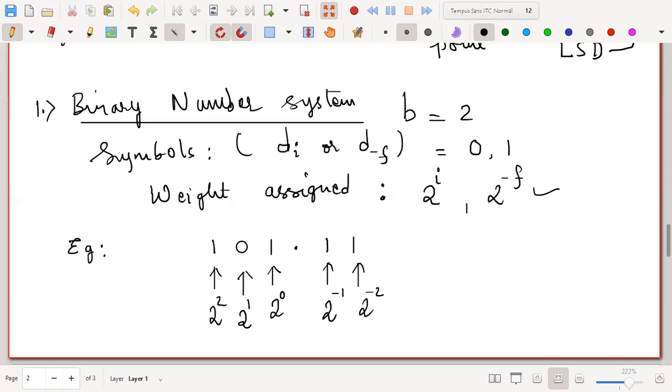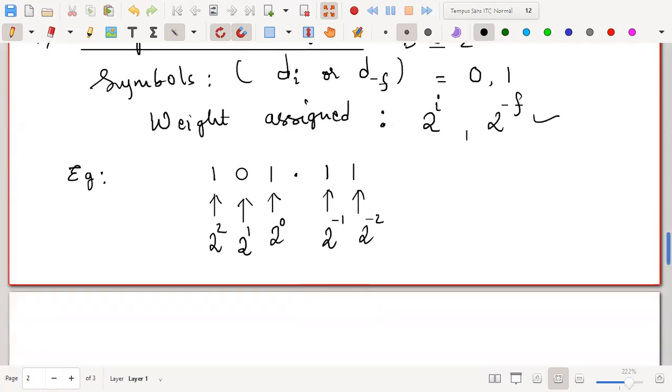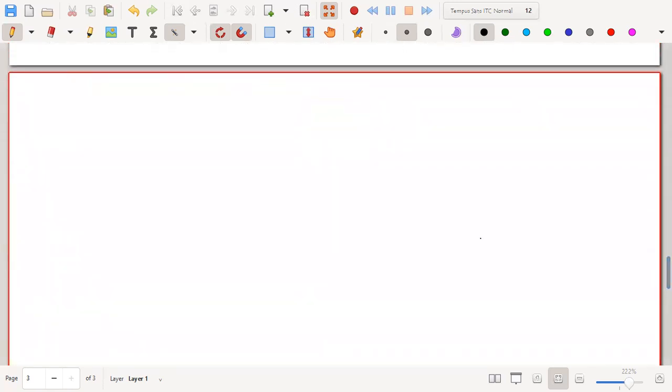Okay. So let me go to the next one, that is the decimal. The second one, I am writing as the decimal number system. Let me write down the base of the decimal number system. The base of the decimal number system is 10. And what are the symbols used?